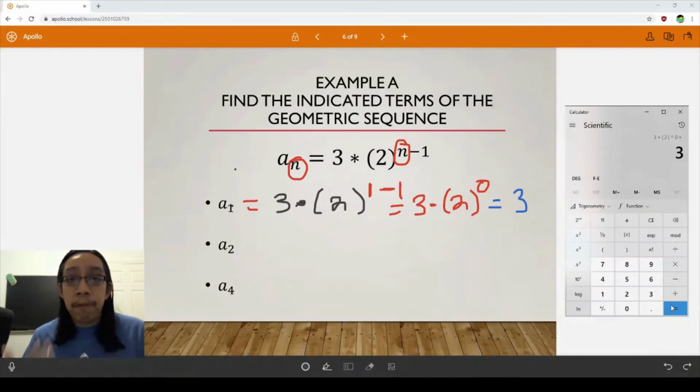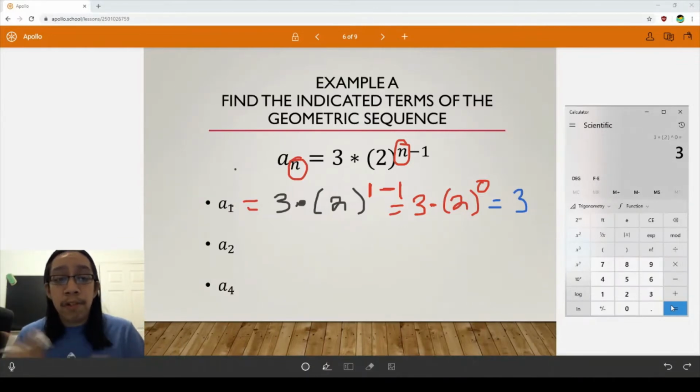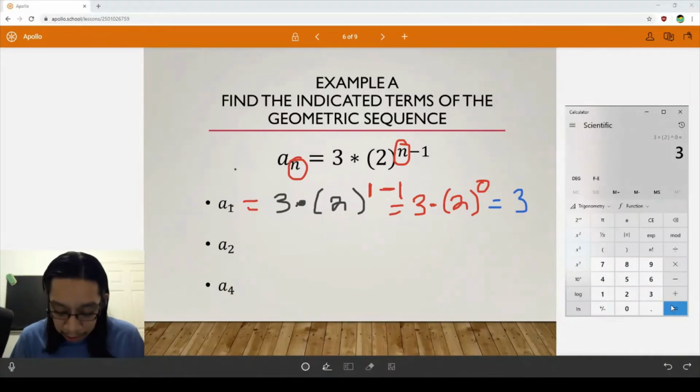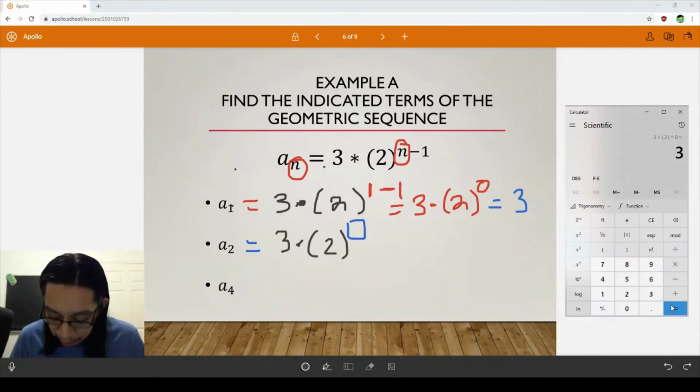Now, we're going to be repeating these steps one by one just to get a better idea about what we're doing here. So let's say that we're asked to find the next one. This time, my number is 2. So that means that when I'm copying down my formula, the number that's going up here is going to be a 2. So in this case, this will be 2 minus 1.